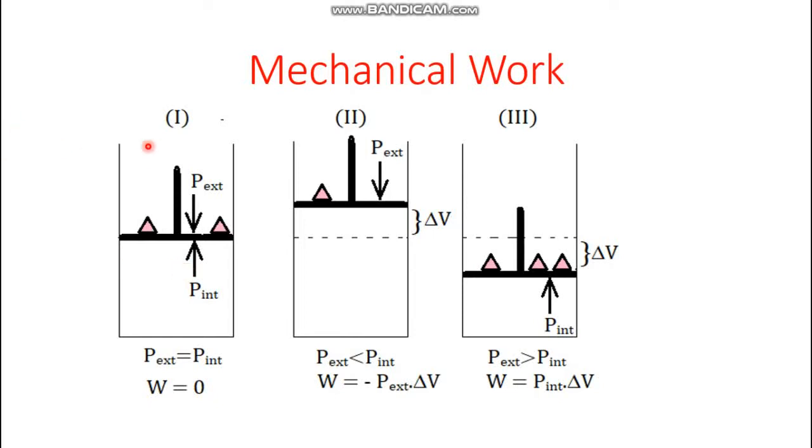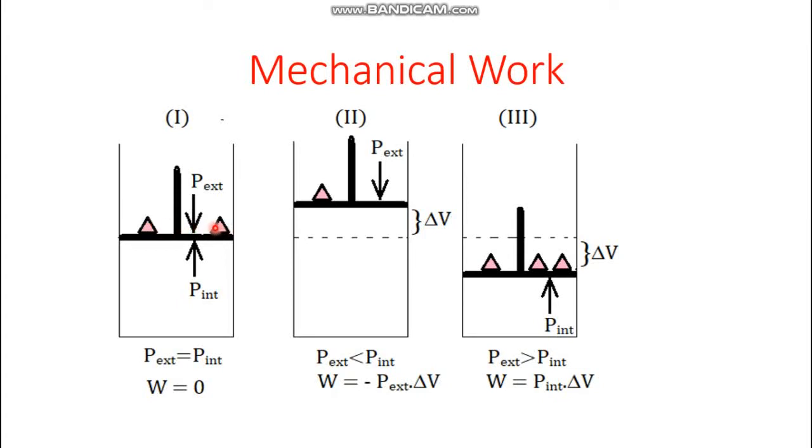Suppose in this example, here is a piston which is containing some gas, maybe some ideal gas, and on this piston there are 2 weights, which is balancing the internal pressure with the external pressure. So this is actually a symbol of external pressure.